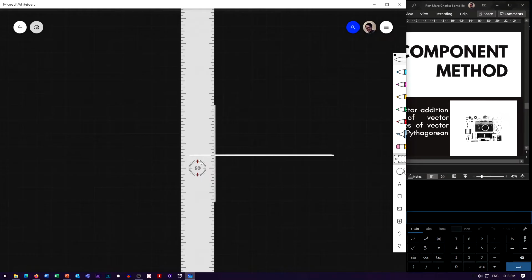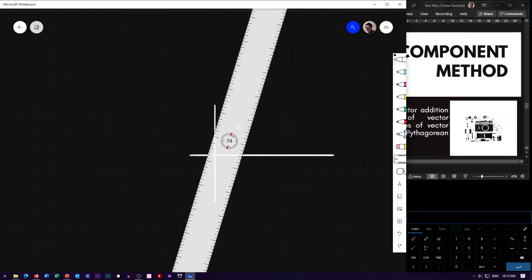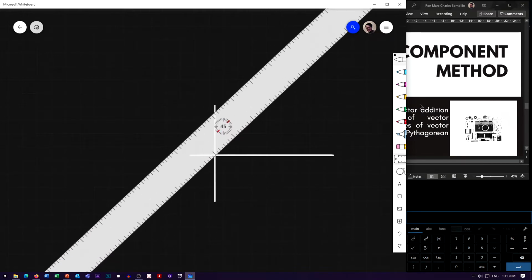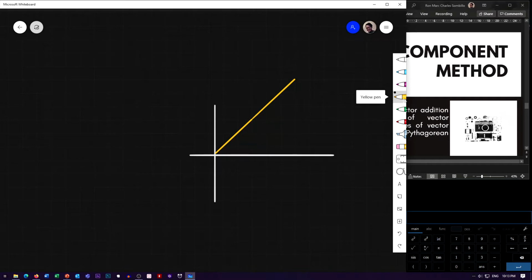So if we draw a certain vector starting from the origin, okay, let's take this one. Let's say this is my vector, or let's just use a straight line. Let's say this is an array. So there. Let's denote this vector R.